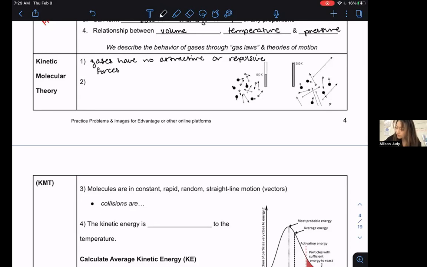So essentially, according to this theory, in order for us to assume and apply it well, we basically have to ignore the presence of IMFs.